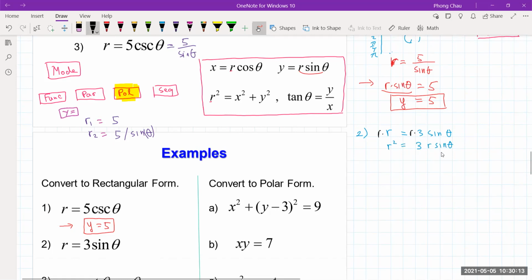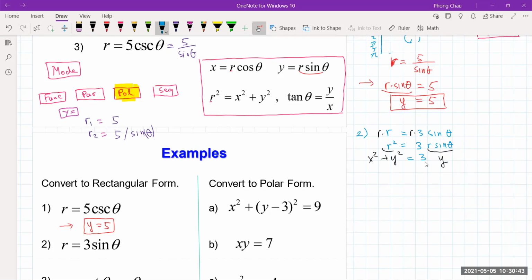The r sine theta is in fact y. At the same time, the r squared on the left nicely turns into x squared plus y squared. So now I have the rectangular equation as x squared plus y squared equals 3y.